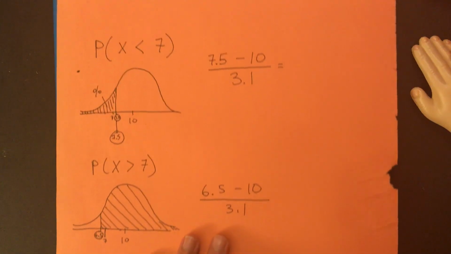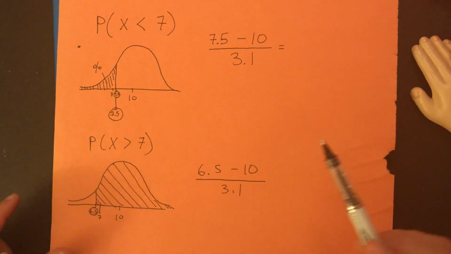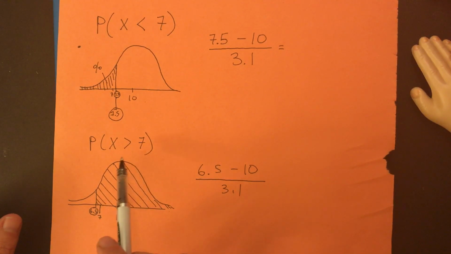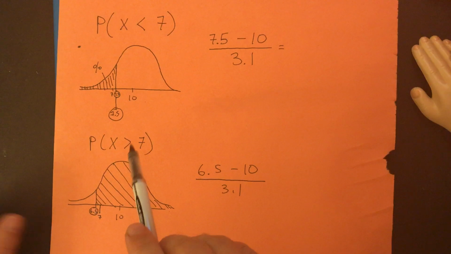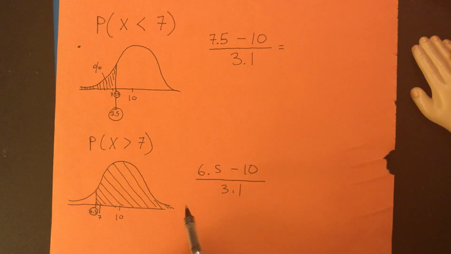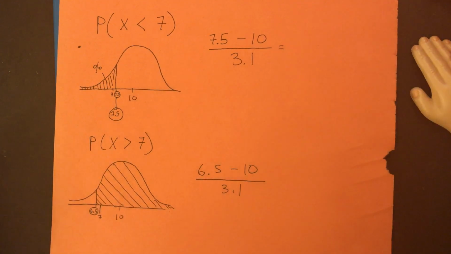Okay, what if they asked for percents now above 7? They might say to the right, they might say above, they might show you this notation with the inequality. So that means we're looking at this type of picture. So notice it's the same number, but now since we're going to the right, decimals like 7.2, 7.3 from up there, well, of course they're going to count. They're to the right.